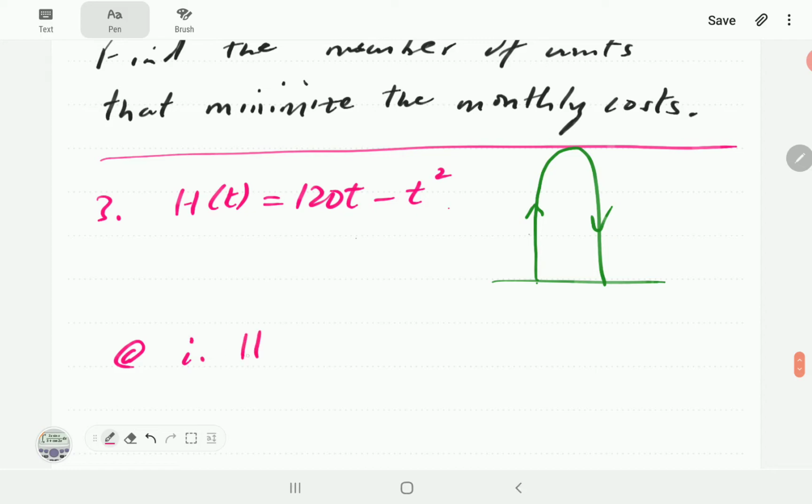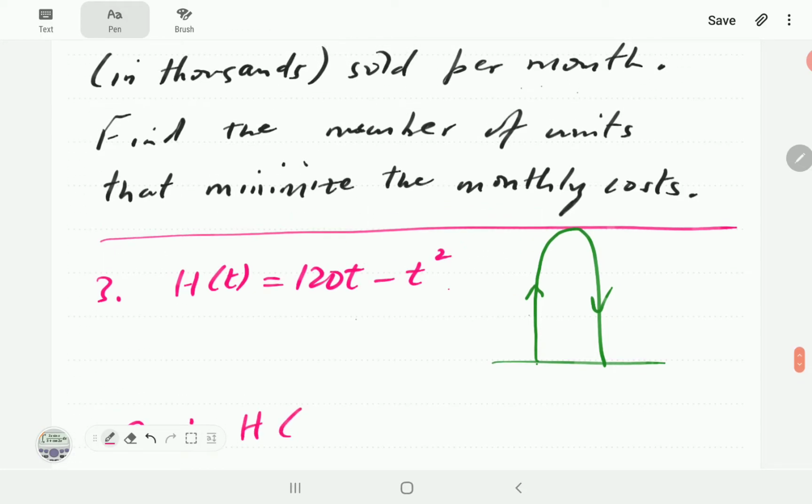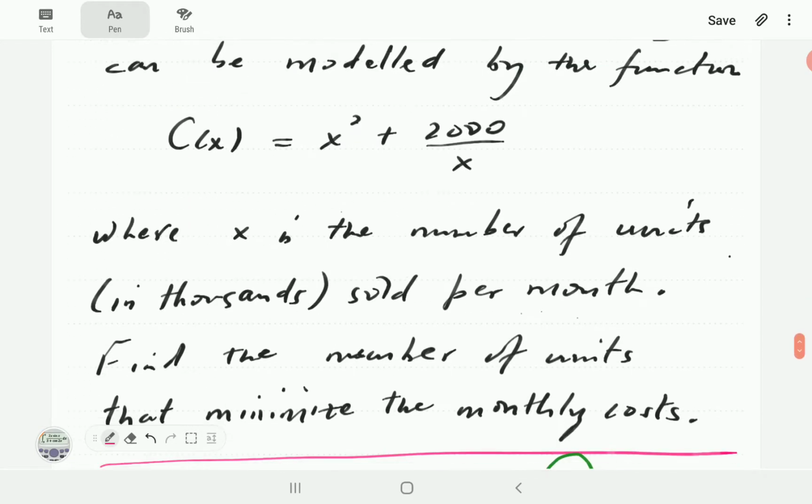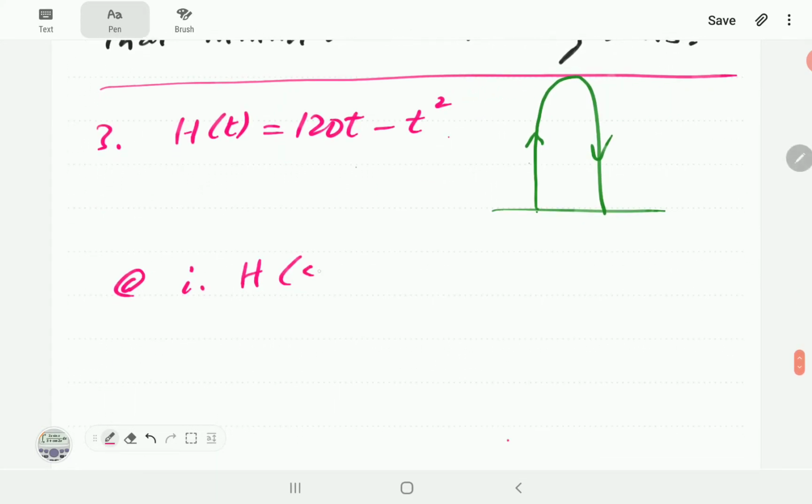In part 1, we want to find the height of the bullet after 40 seconds. We do that by simply plugging t is 40 here. So we're going to have 120 times 40 minus 40 squared.